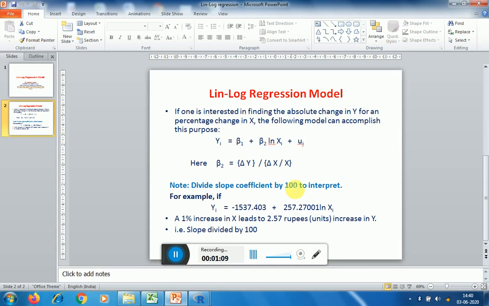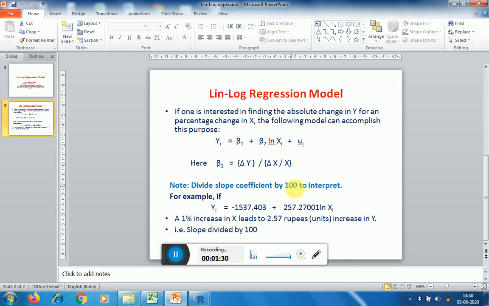Many times we are interested in finding the effect of a percentage change in x on the absolute change in y. When we are interested in such an analysis, we can go with the linear log regression model.